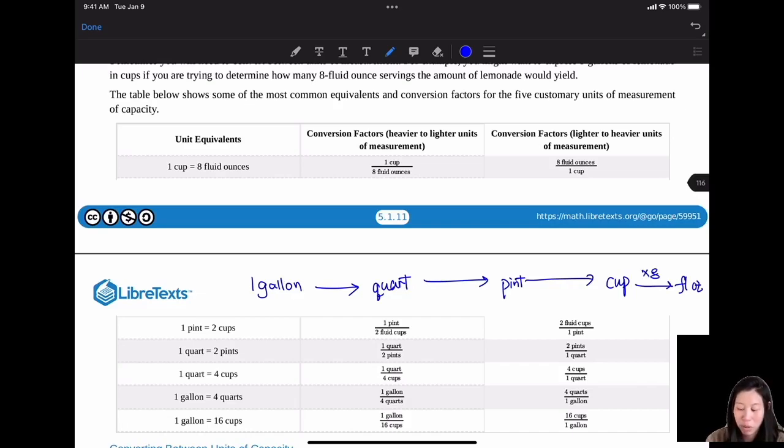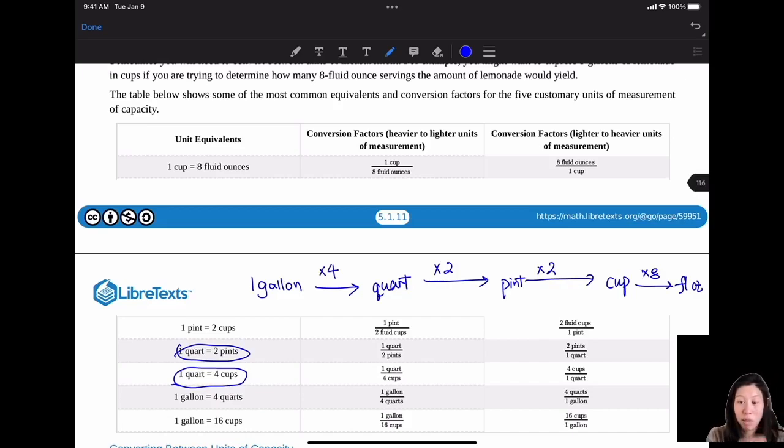So you times 8 from cup to fluid ounces. So 1 pint equals 2 cups. So 1 quart equals how many cups? Well, 1 quart equals 4 cups. And also 1 quart equals 2 pints. And then 1 gallon equals how many quarts? 1 gallon equals 4 quarts.